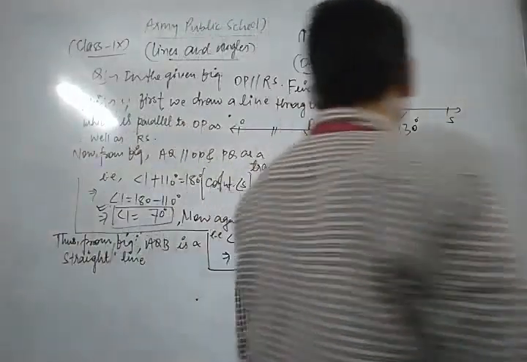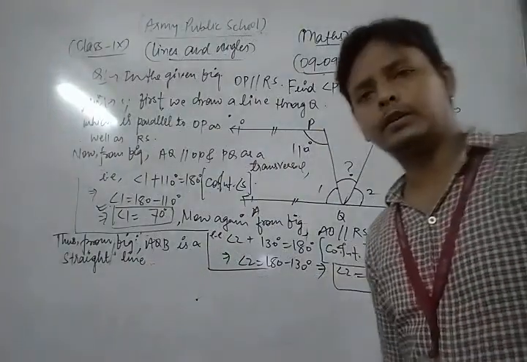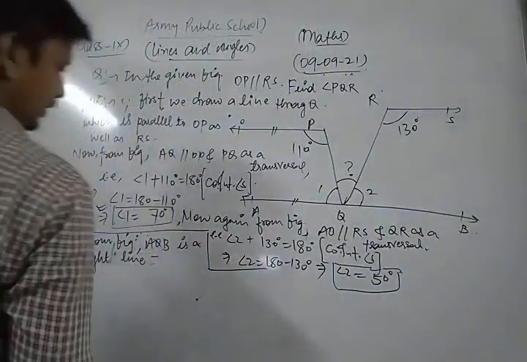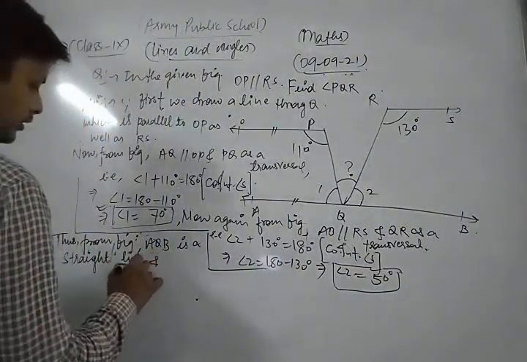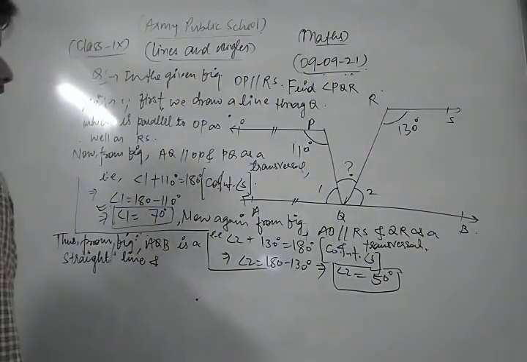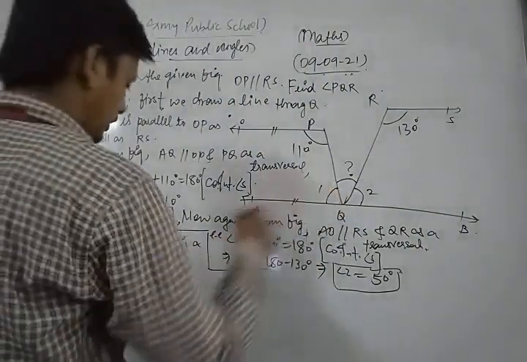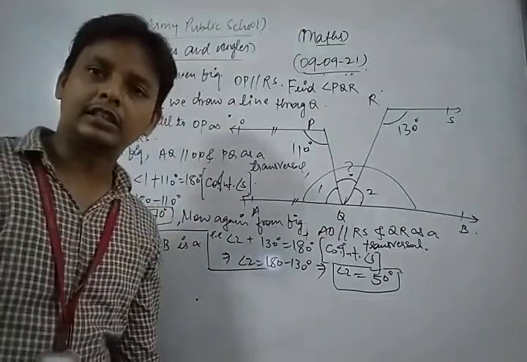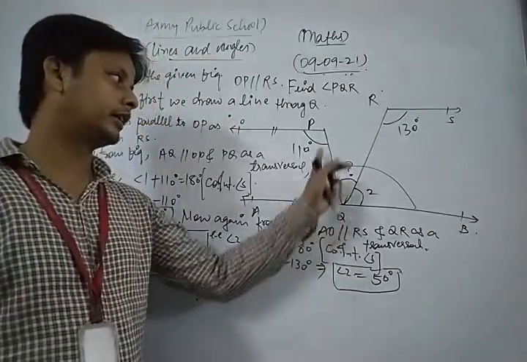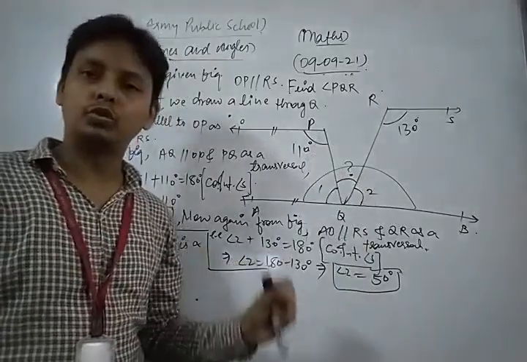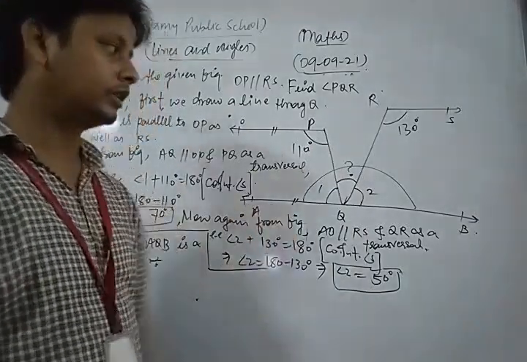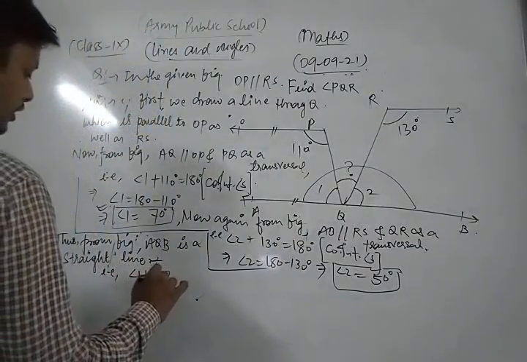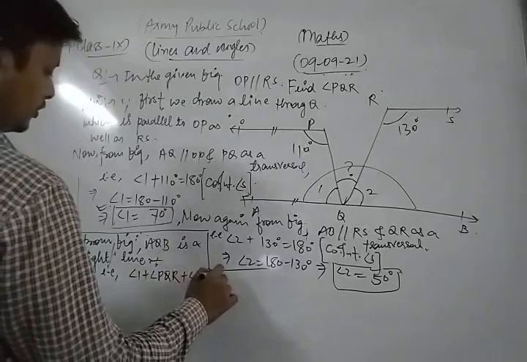Yes, AQB is a straight line, and QR stands on it, so you know that the sum of all angles on it is a straight angle. So the sum of angle 1, angle PQR, which we have to find, and angle 2 is equal to 180, because these are the angles made on a straight line. That is, angle 1 plus angle PQR plus angle 2 is equal to 180 degrees.